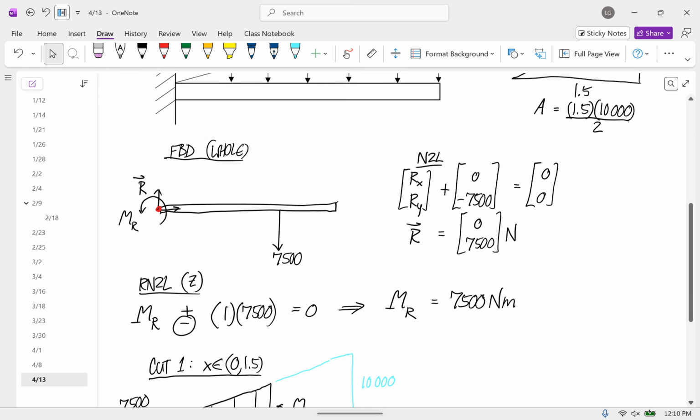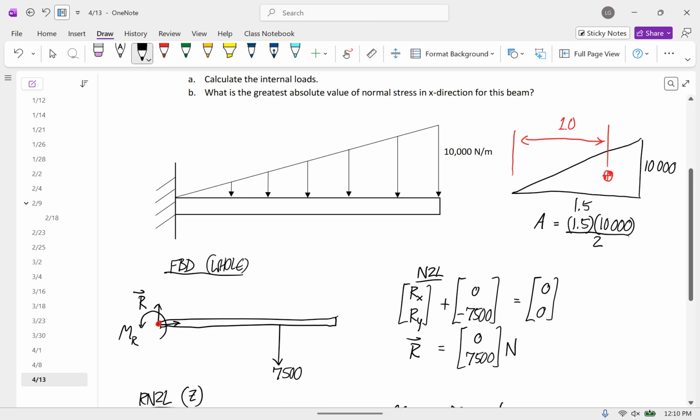Okay, so the equation for the line here, you can think of this as y equals mx plus b. When x is equal to 0 at the wall, the height is 0, so b is equal to 0. That's easy. And then m is the rise over the run.